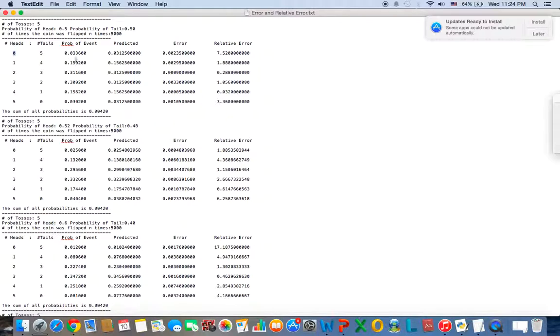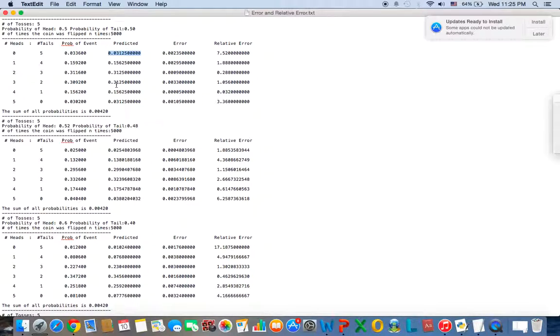The probability of event is 0.0336, and it's mostly close to the fair coin. When we have 5 heads and 0 tails, it is 0.0302, so this is not really close, but the predicted, like when we see here.